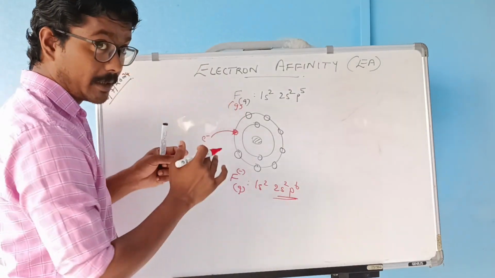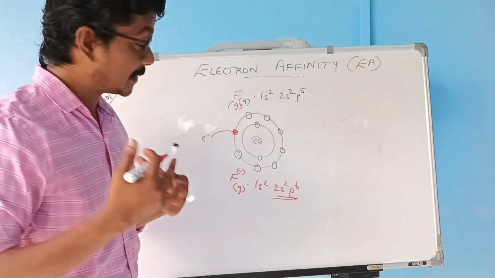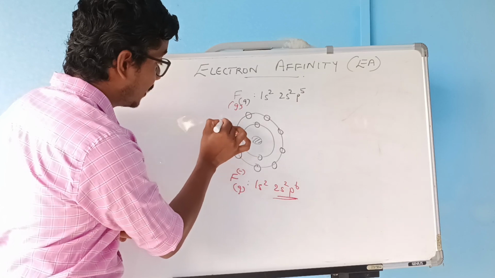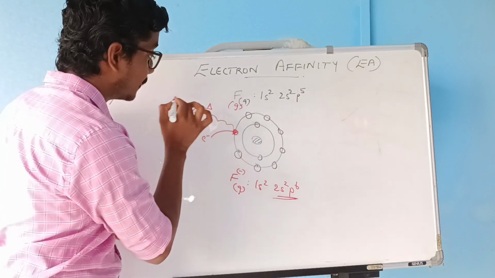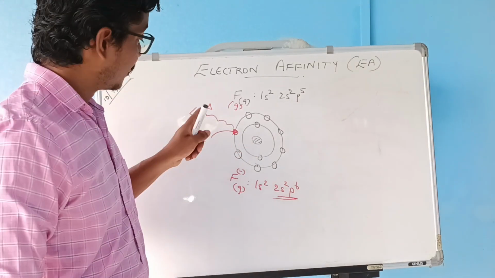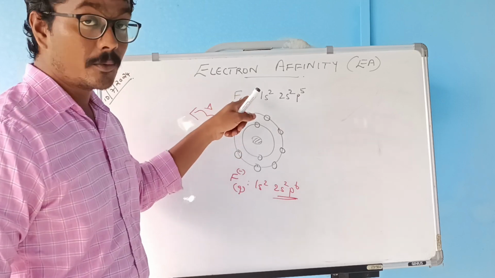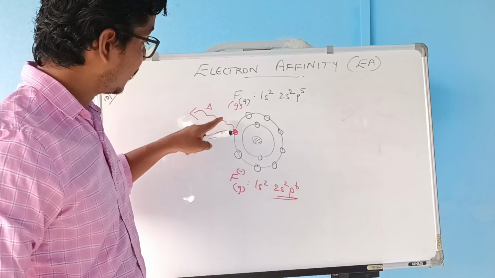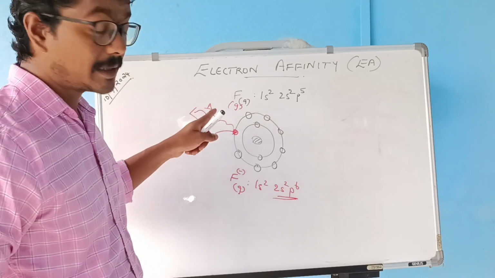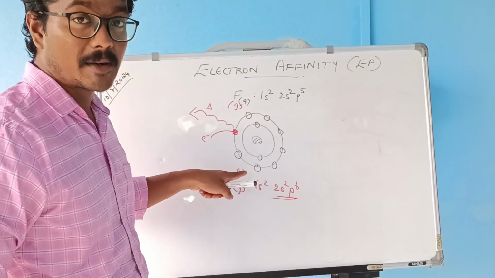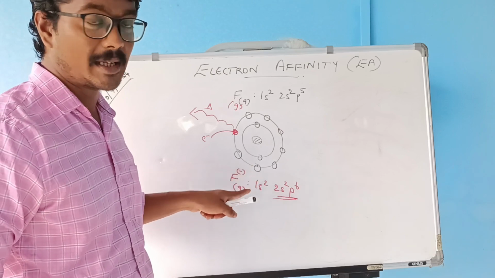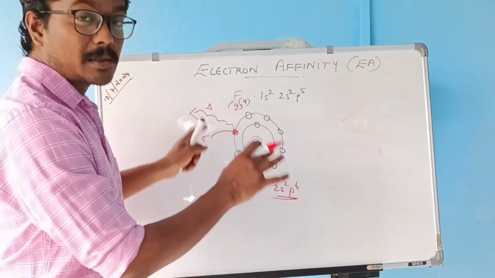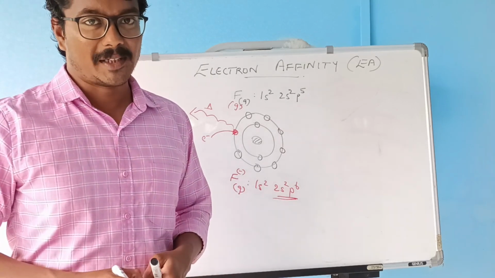When fluorine accepts an electron into the valence shell, it will liberate energy. As a result, a fluoride ion, F minus, at ground level in the gaseous state is formed. This phenomenon is called electron affinity.